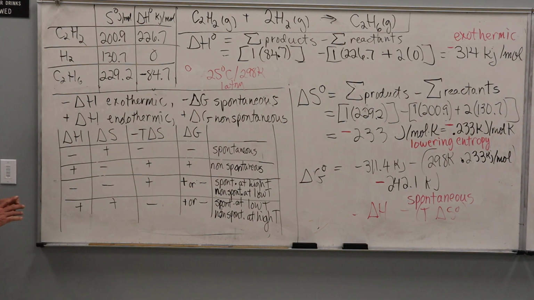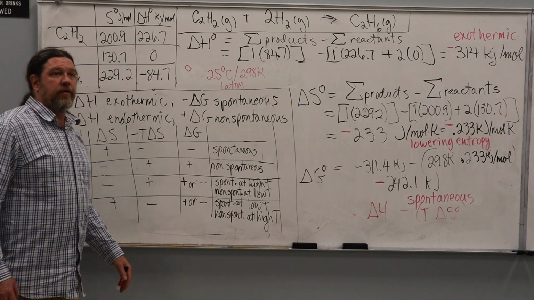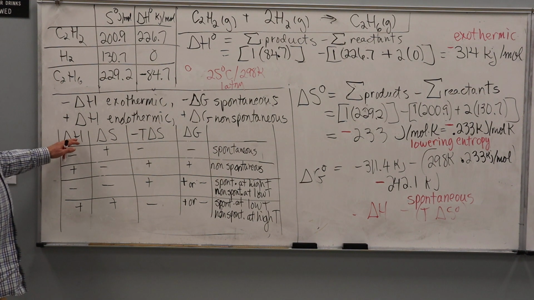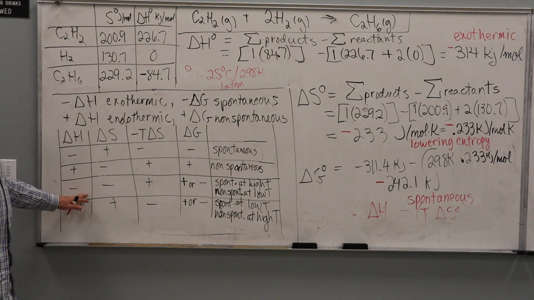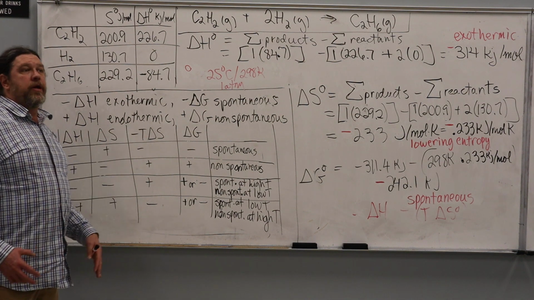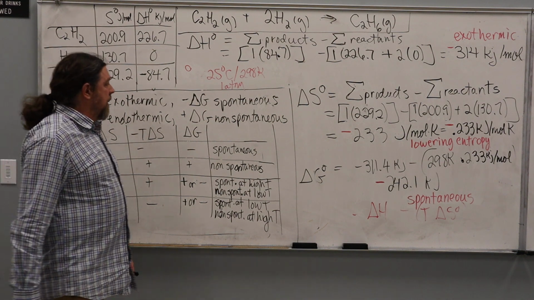So in this case, the temperature was high enough for spontaneity that we were able to have an exothermic reaction that is somewhat contrasted by a reduction in entropy, and it is still spontaneous.